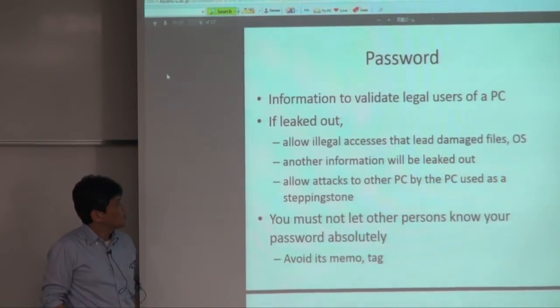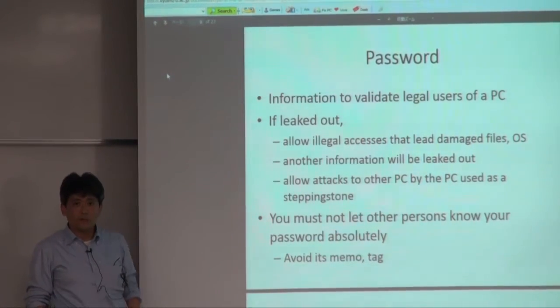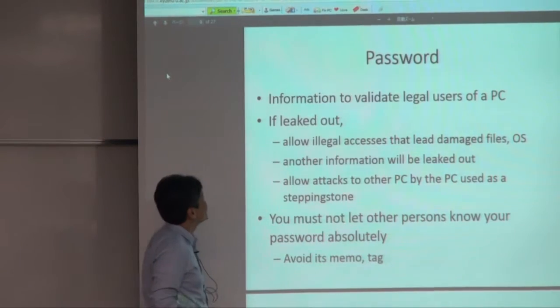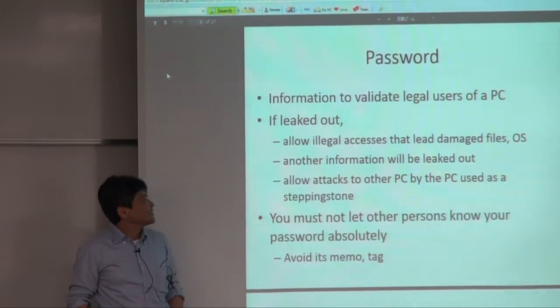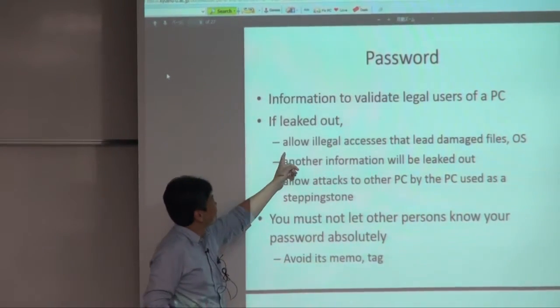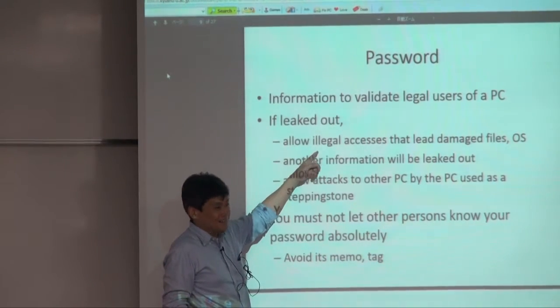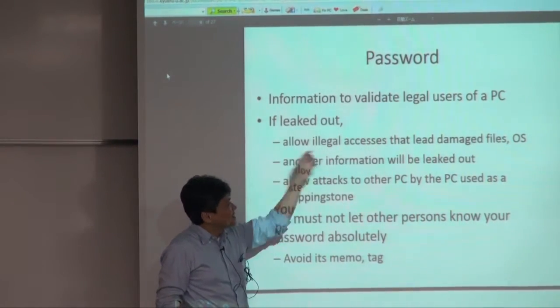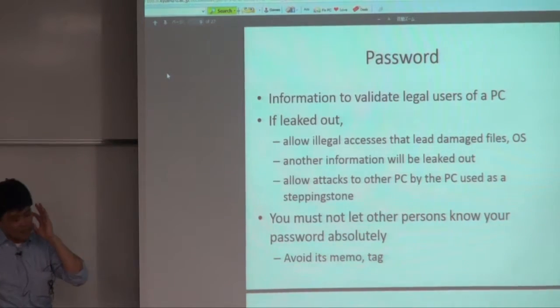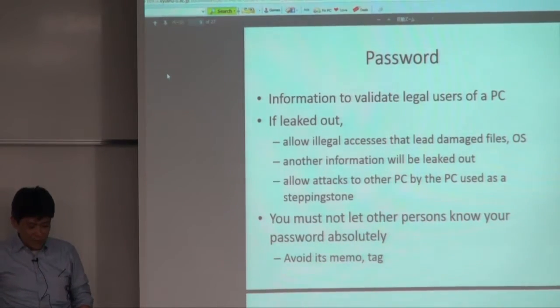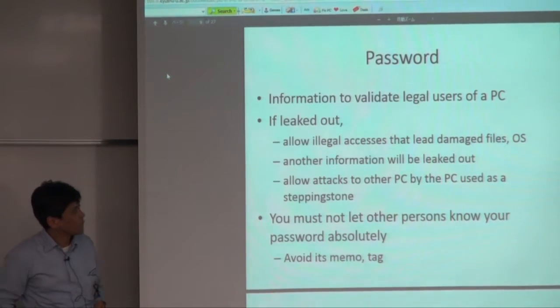And as shown here, if such a password is leaked out, the bad person can access illegally the dedicated corresponding PC of such a password.